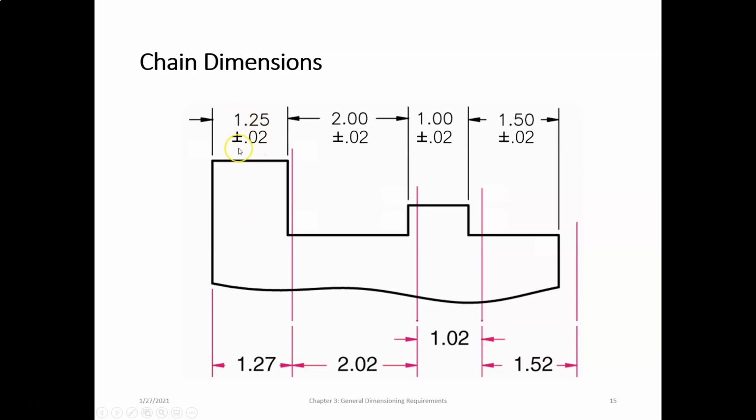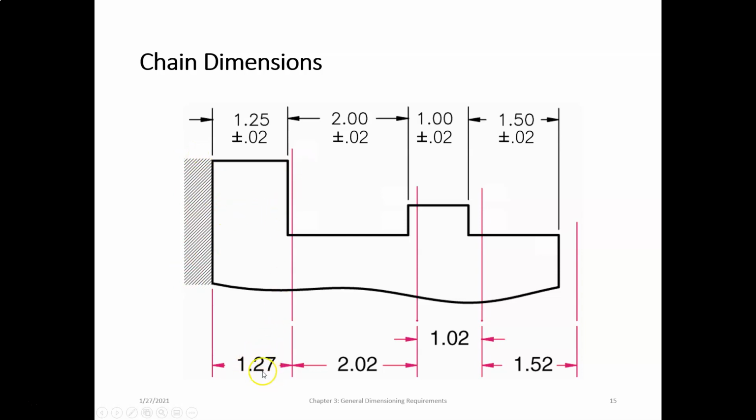So in this case, notice each one of these dimensions has a plus or minus 0.02. So if in this chain dimensioning system, this surface actually is manufactured at a location of 1.27, that's acceptable, right? We establish this as our baseline, right? This is our datum surface.